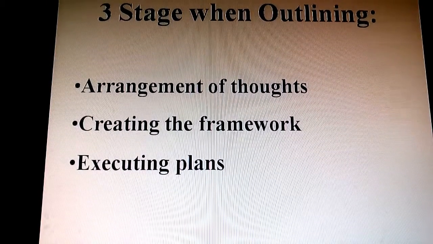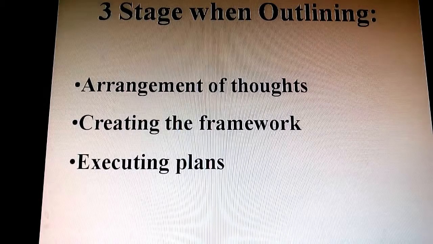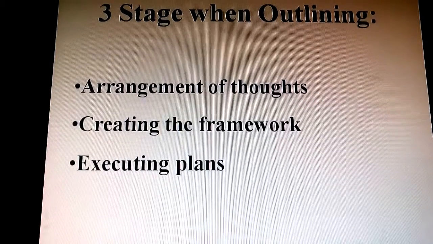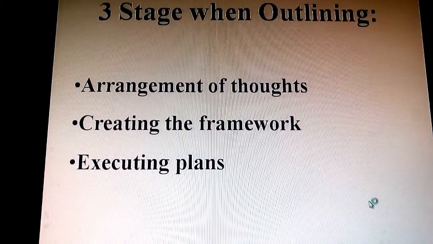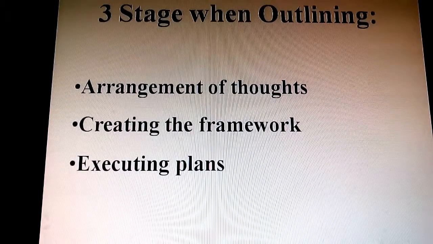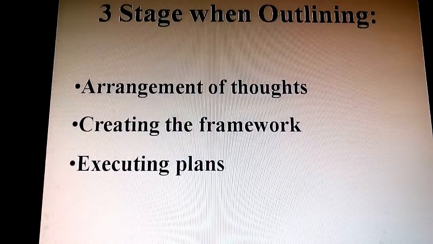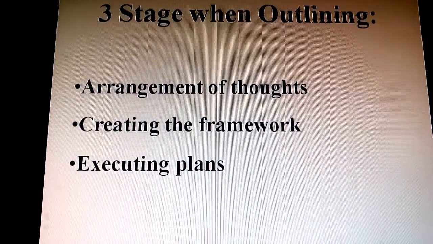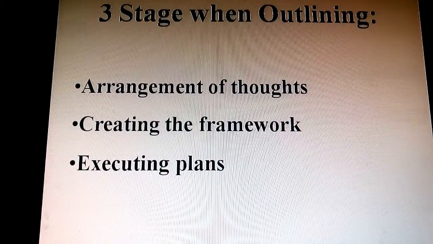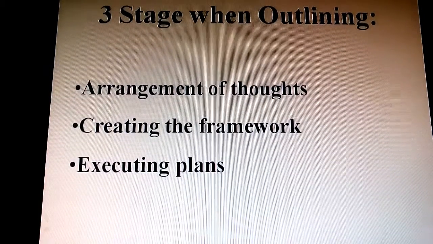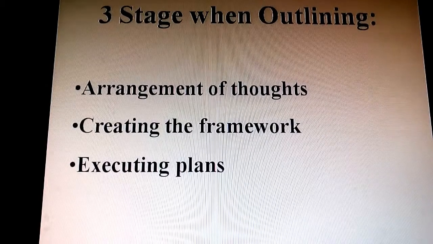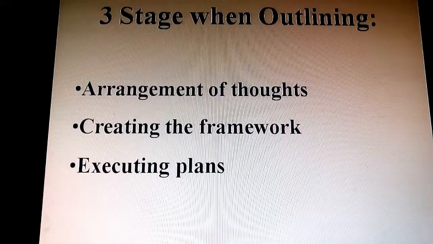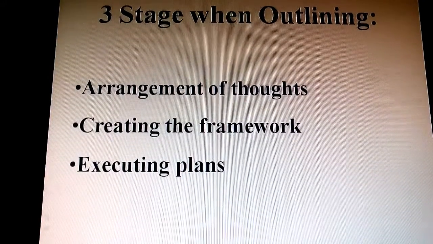After the gathering of information, the writer then needs to create a framework. The framework serves as the exoskeleton of the entire literary piece that he or she would be writing. And lastly comes the execution of all the arrangements and the creation of the framework.